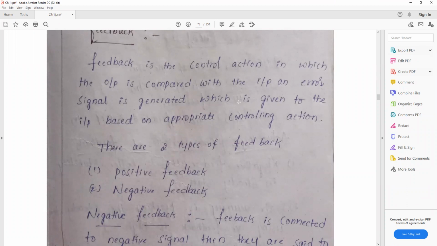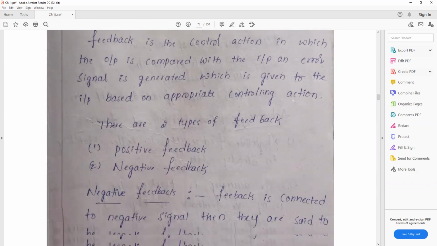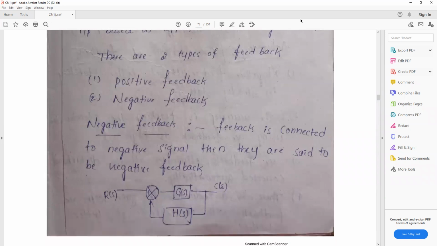An error signal is generated, which is given to the controller based on input, for appropriate controlling action. The error detector eliminates all the errors. So there are two types of feedback, positive feedback and negative feedback.